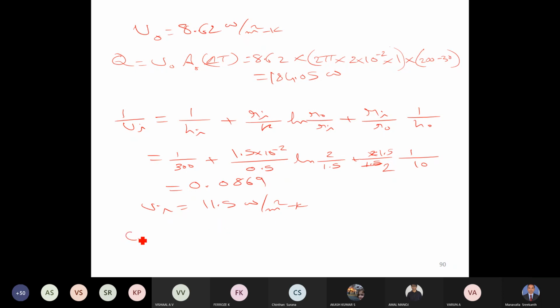But if you calculate Q based on the inner heat transfer coefficient, then this is Ui Ai multiplied by delta T. So this should be 11.5 multiplied by 2 pi Ri, where Ri is 1.5 centimeters, 1.5 times 10 power minus 2, multiplied by L is 1, multiplied by the overall temperature difference, 200 minus 30.